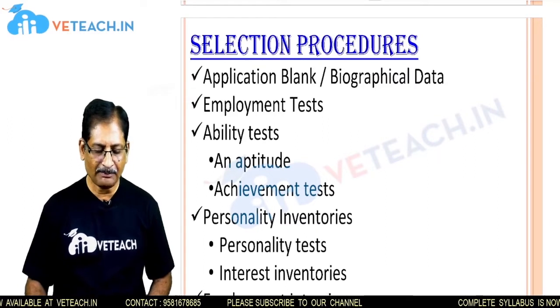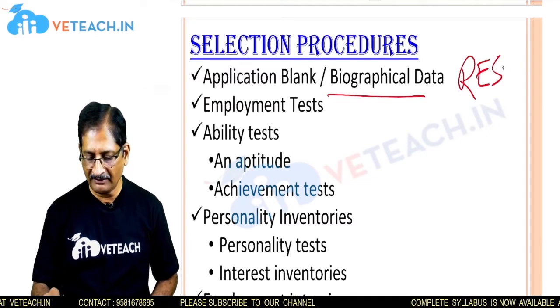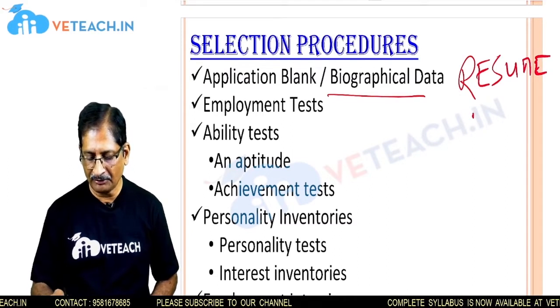So the first one is the application blank or the biography, which we used to call a resume. Sometimes we also say the curriculum vitae, CV.